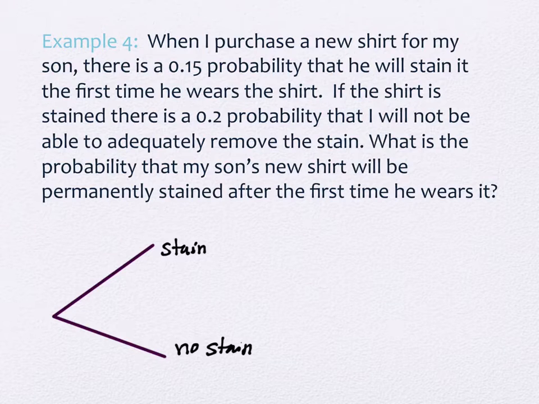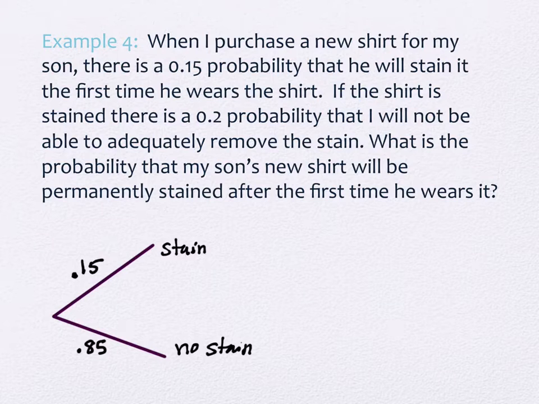If it's stained, what probability is that happening at? 0.15. So then, what is the probability that there's not a stain? 0.85. And for those of you who didn't think about that immediately, what we're doing is we're adding these up to the number 1. So you're taking this number and subtracting it from 1 so that you find this number. These 2 numbers have to add up to the number 1.